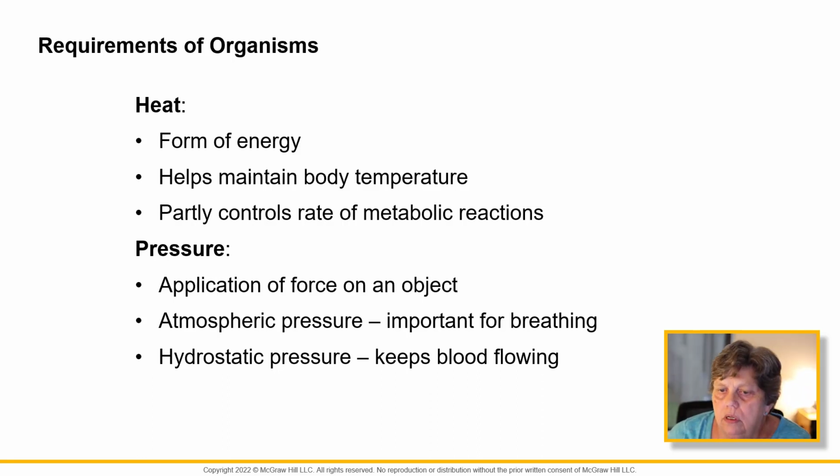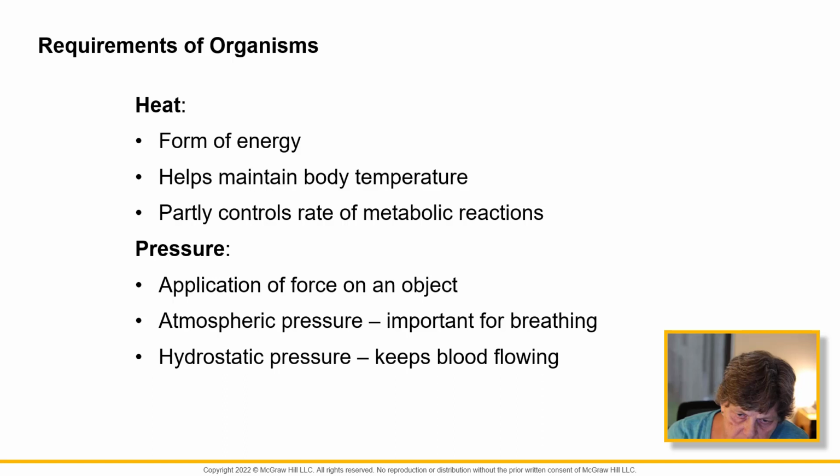Cold-blooded animals can work around that a little bit, but even them, if they get too cold or too hot, they've got problems. What we're trying to do is maintain that body temperature in the zone that we need so that our enzymes work properly, our metabolic processes work properly, and so that's part of controlling the metabolic rate.